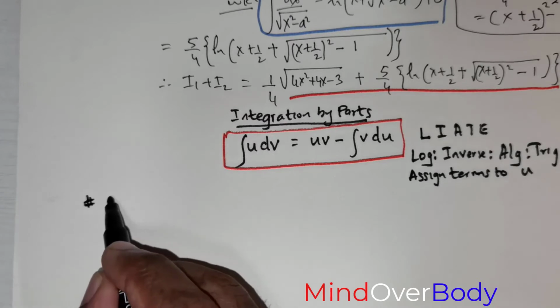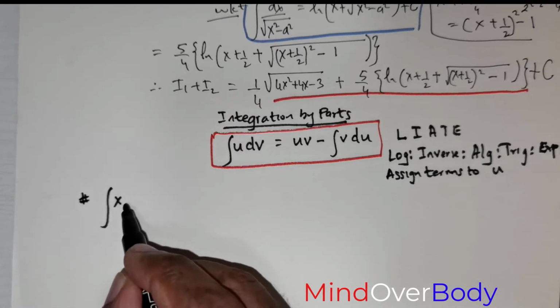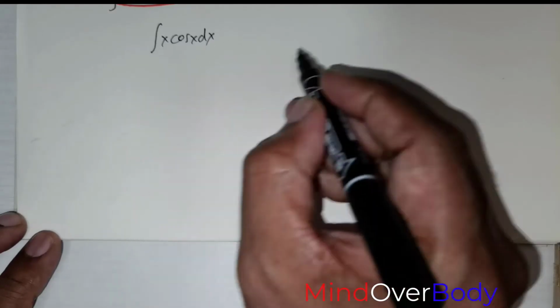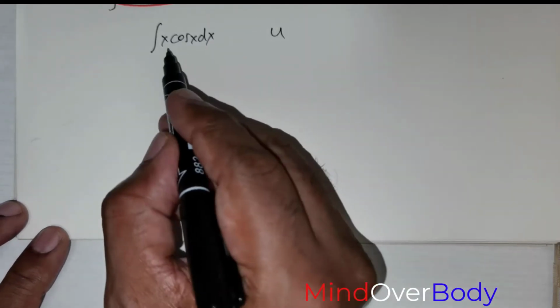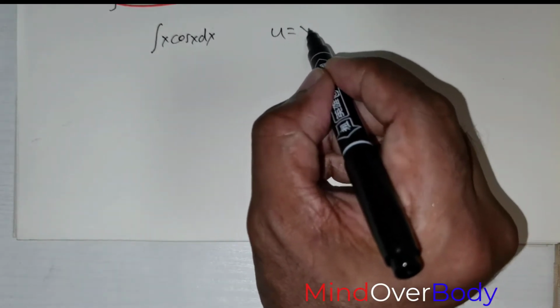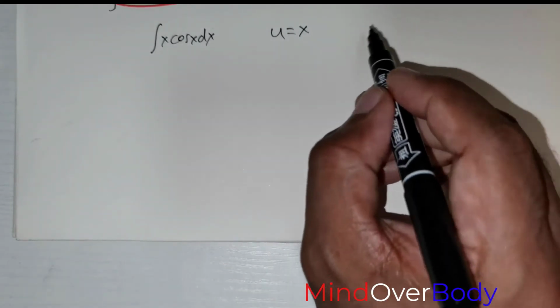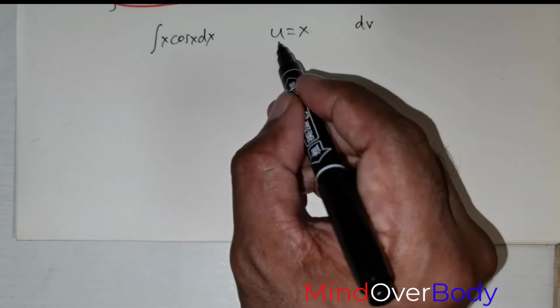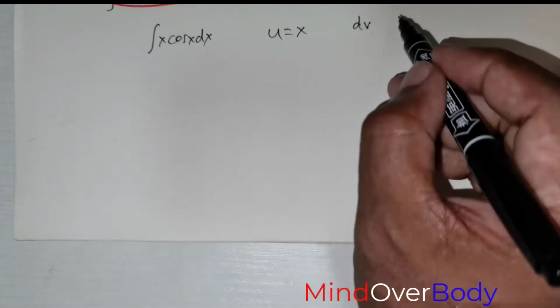So this is a very simple question. Integral of x times cos x dx. We are assigning values for u. So clearly from this we can see that the algebraic quantity is x. So we take it as u, and anything else that is left after assigning the quantity for u is taken to be dv.